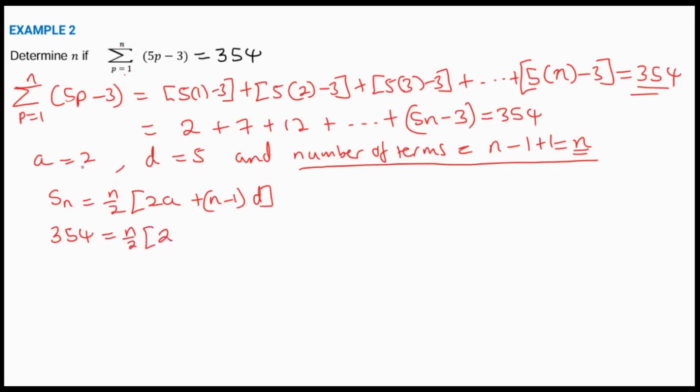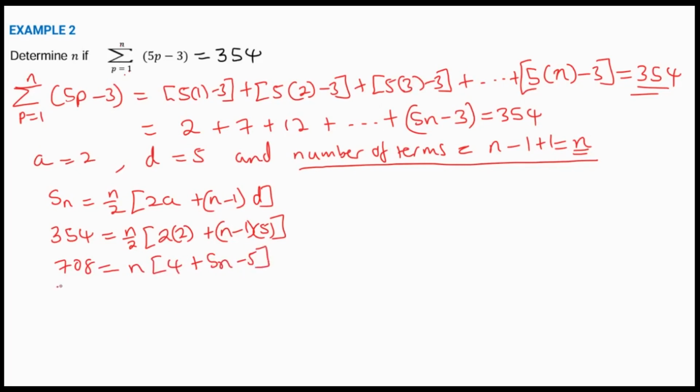Then 2 times a, which is 2, then plus n minus 1. The difference is 5. Then let's simplify this. Let's multiply by 2 on both sides of the equation. Just want to eliminate this denominator. So it becomes 708 is equal to n times 4 plus 5n minus 5.